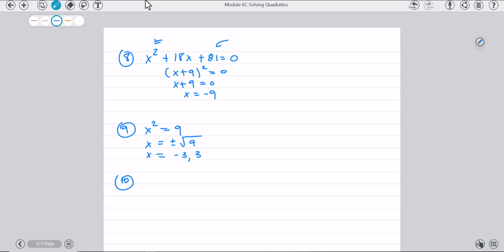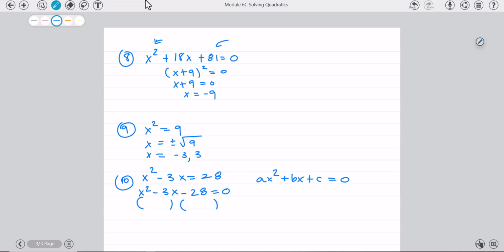If I have x squared minus 3x equals 28, you want to move the 28 to the other side by subtracting it, because you want all the terms in that ax squared plus bx plus c equals 0 format.